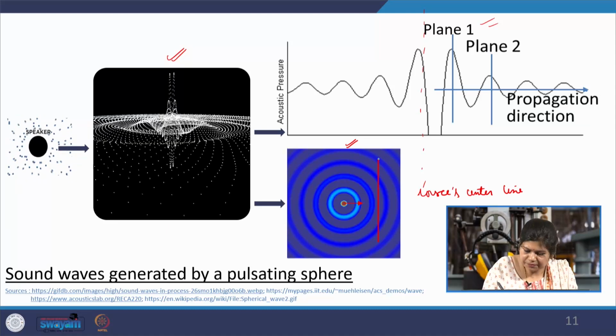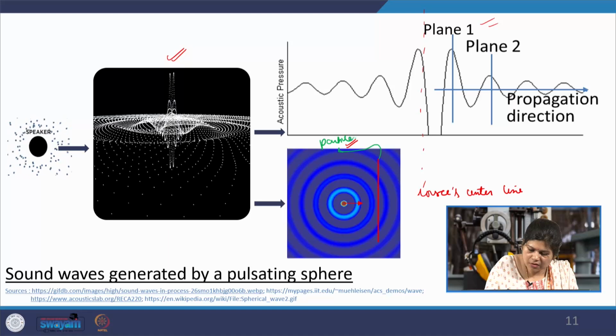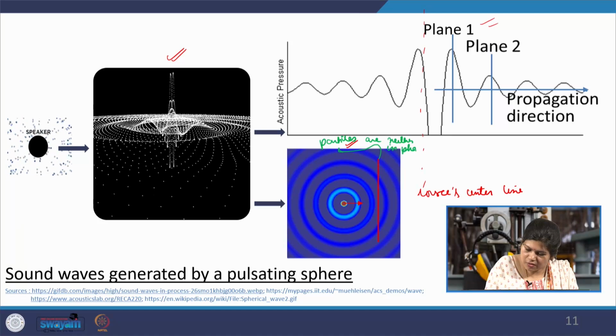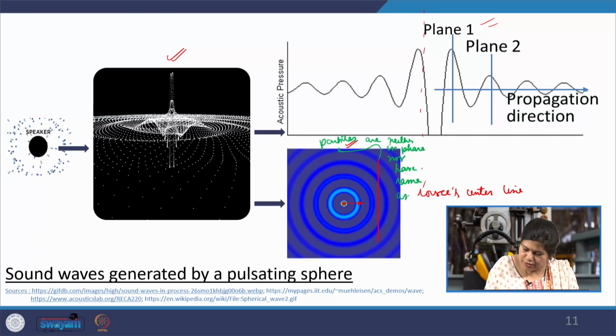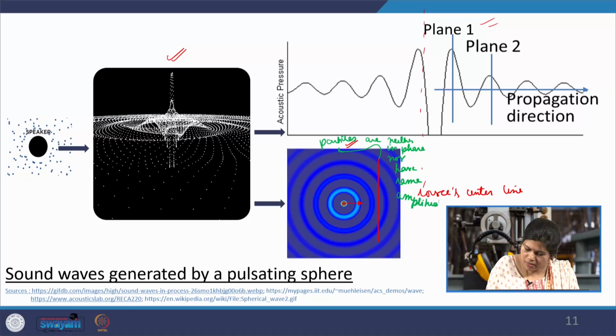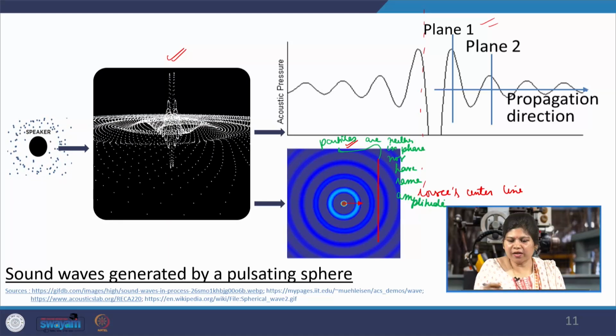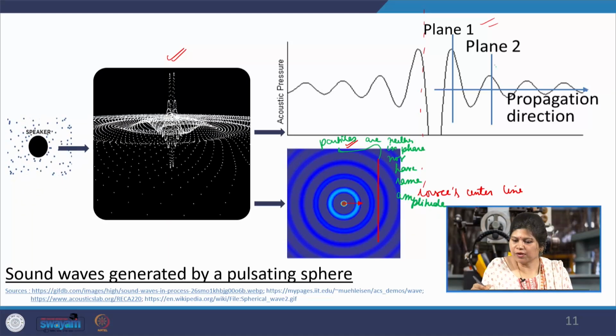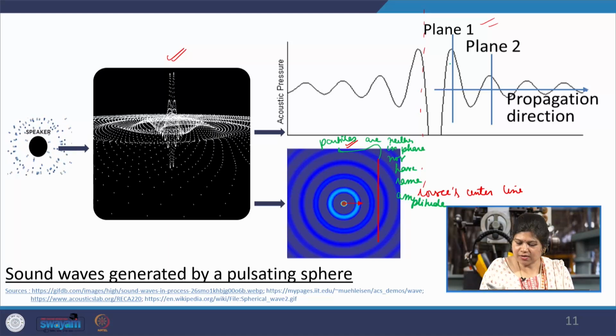So, here the particles are neither in phase nor have the same amplitude. Okay. Amplitude is varying because you can see here the wavefront, as you go over distance, is changing.